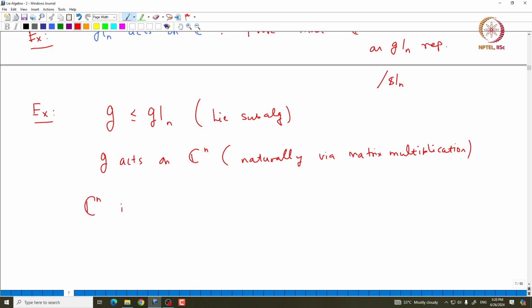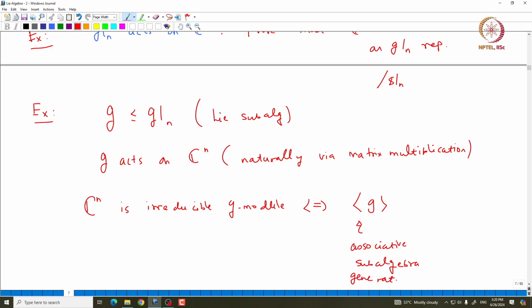So, what is the statement? One can prove that Cn is an irreducible G module if and only if the associative subalgebra generated by G is exactly the entire set of all n by n matrices Mn of C. Okay, the one way is obvious.